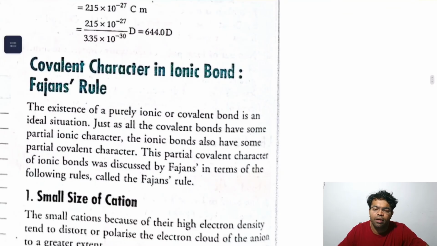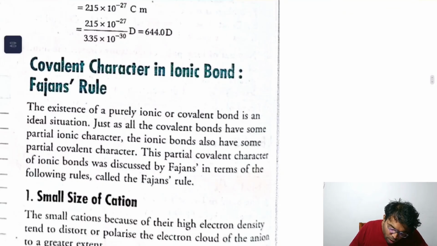Therefore, the bond is becoming ionic in nature. But what if you have an ionic transfer? Inside an ionic compound, what is happening? There's an actual transfer taking place, but still there is some partial covalent character to be seen, and that is going to be Fajan's rule.